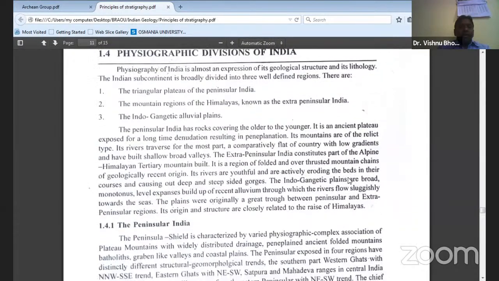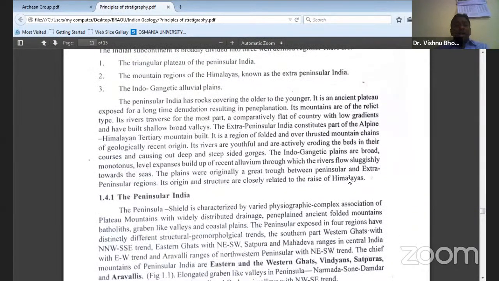Here, peninsular India covers more and more older to younger rocks. It is an ancient plateau exposed to long denudation, resulting in peneplanation. Its mountains are of the relict type. It has reverse traverse in most of the part, and it has a number of valleys and hills also.